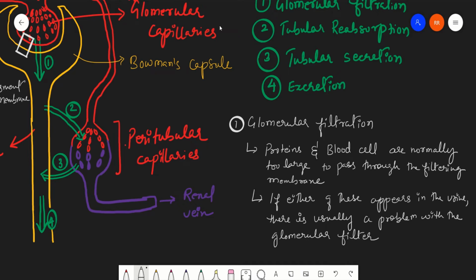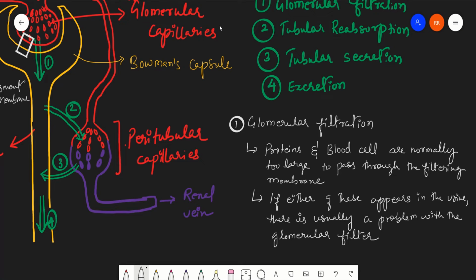If you find any blood cells or any protein in the urine, then there is a problem in your glomerular filter. And remember how they pass through this area.